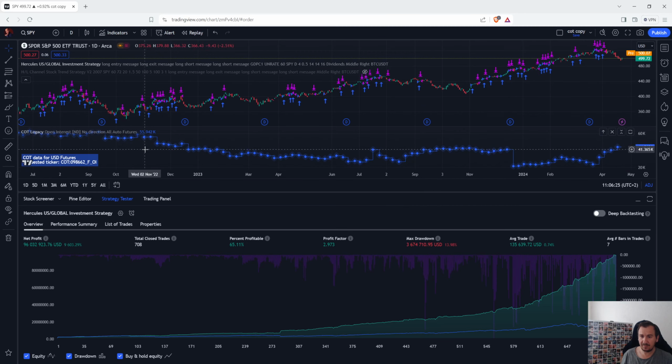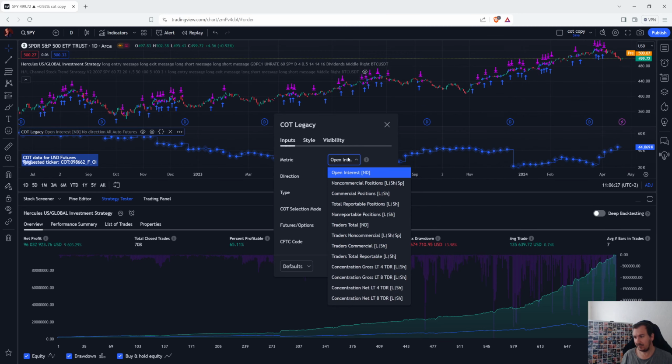In this case, you can see that we have different types of metrics: the open interest, non-commercial positions, commercial positions. We have all of these parts. Sometimes they calculate the long, the short, the difference between them, or no difference at all.